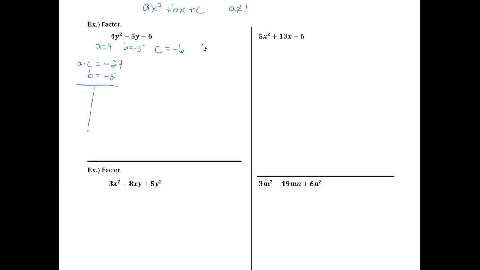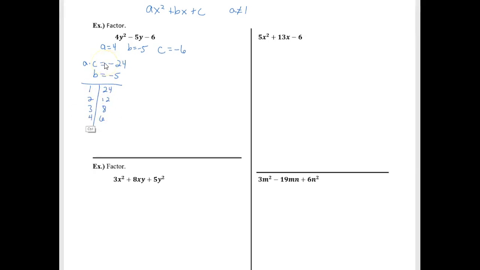So factors of 24, again, I could list them all: 1 and 24, 2 and 12, 3 and 8, 4 and 6, and that's it. But I want them to add to -5. So the only ones that look like they can be combined in any way to make 5 would be 3 and 8.